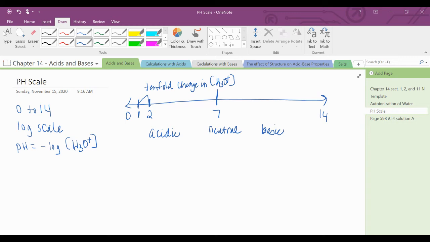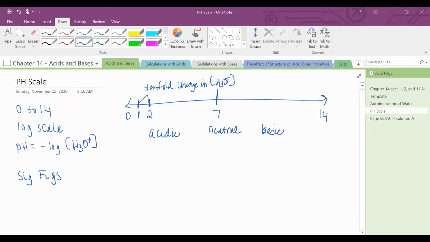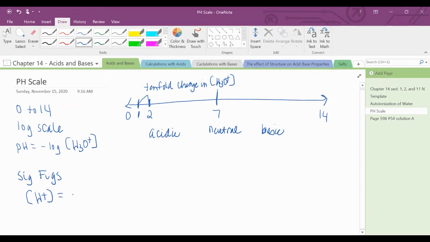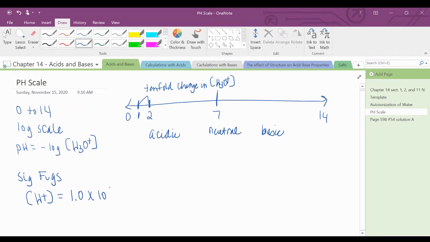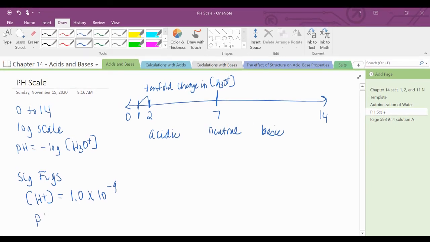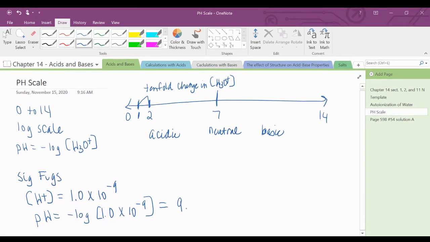All right, now I also want to mention that when you're using logarithms, it has its own sig fig rule. So let's talk a little bit about sig figs here. Okay. So let's say I have a hydrogen ion concentration of 1 times 10 to the negative 9th, and we take the pH of that, and we're going to get 9.00.